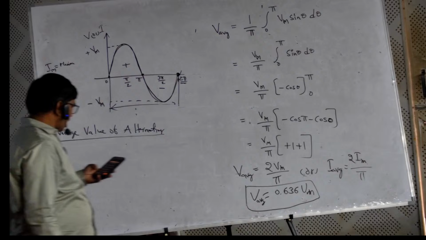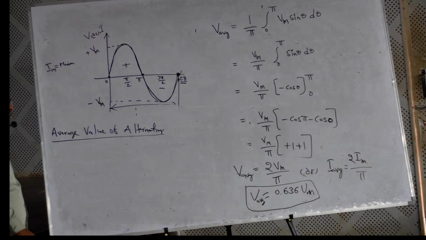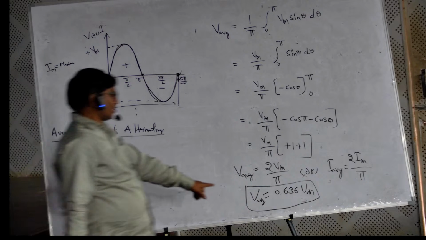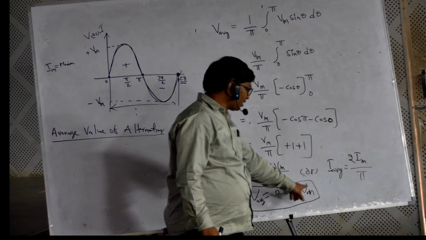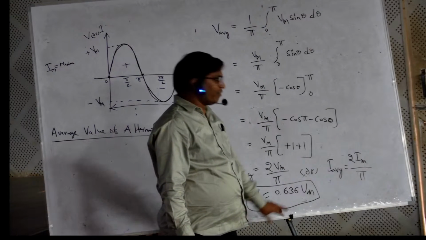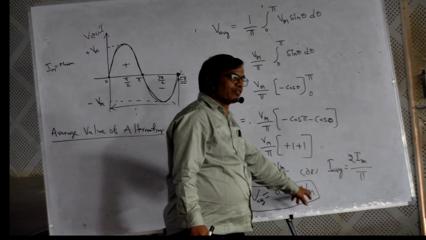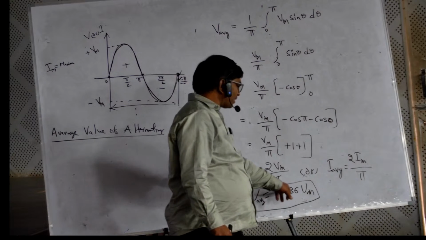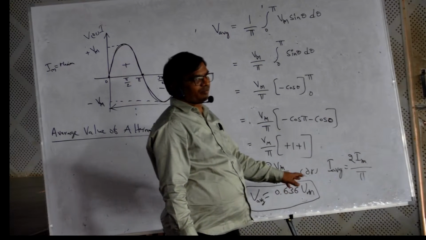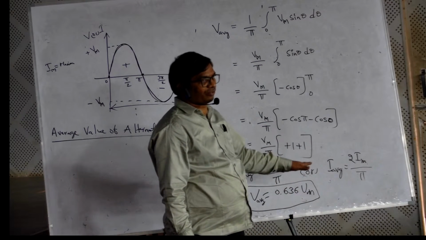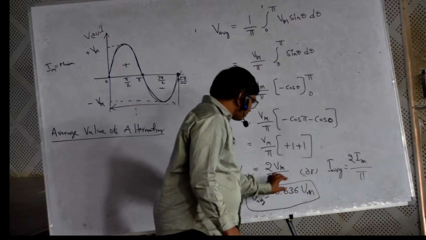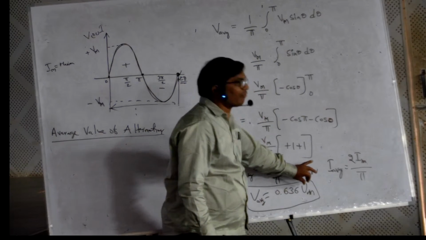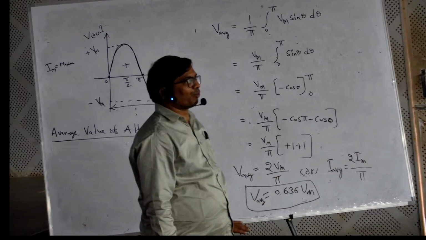Can I say the average value of alternating quantity is 63 percent of the maximum value? 0.636 Vm, where Vm is the maximum value. So 63 percent of the maximum value is nothing but the average value.